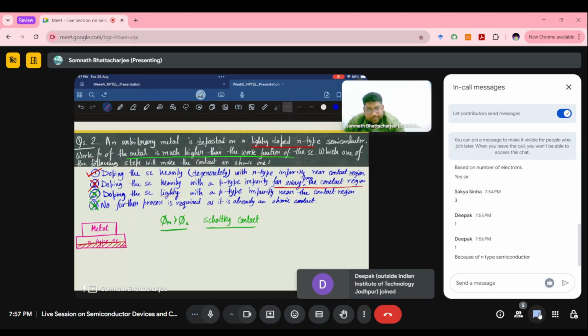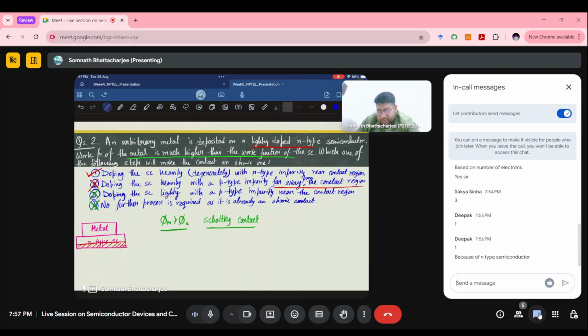So the basic thing, let me write it down. In the case of an n-type semiconductor, this is a Schottky contact by nature. To make it an ohmic contact, what do we need? We need to increase the semiconductor work function, right?